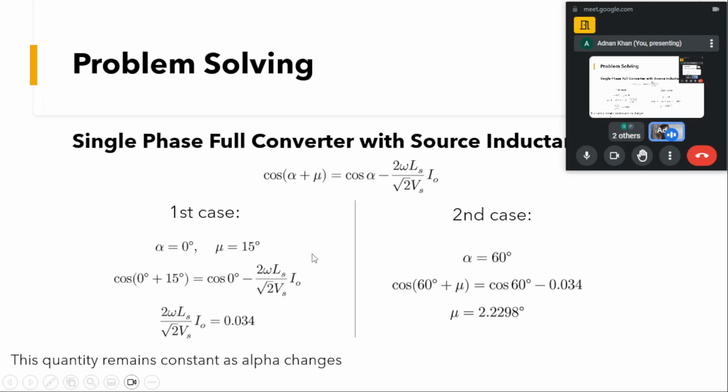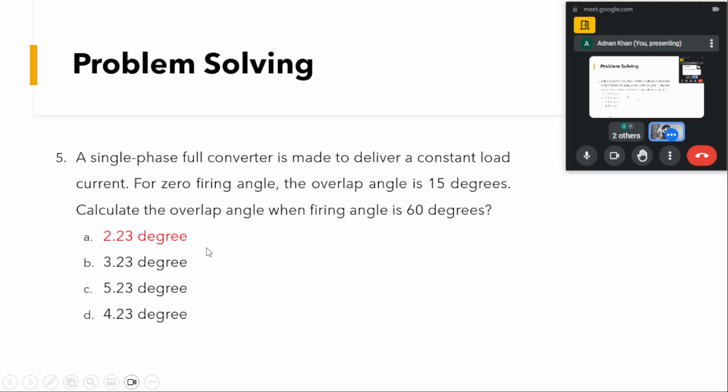This value is constant, 0.034, and the only unknown is mu. If we solve this equation, mu comes out to be 2.22 degrees. Therefore our first option is correct.